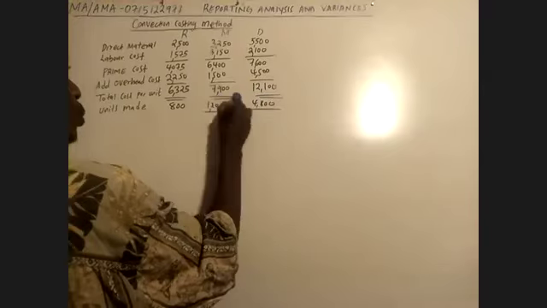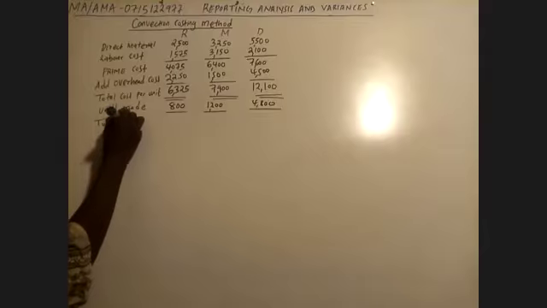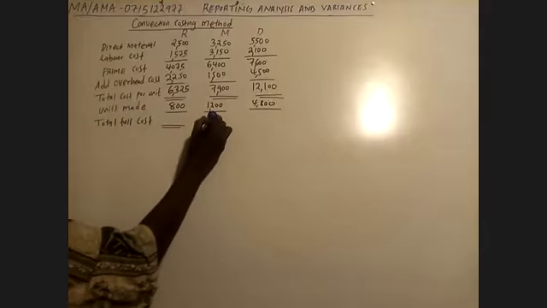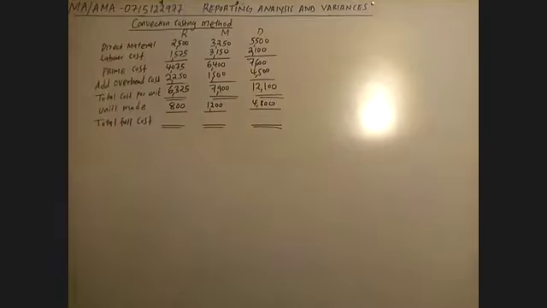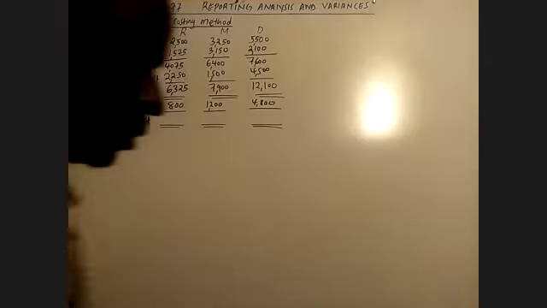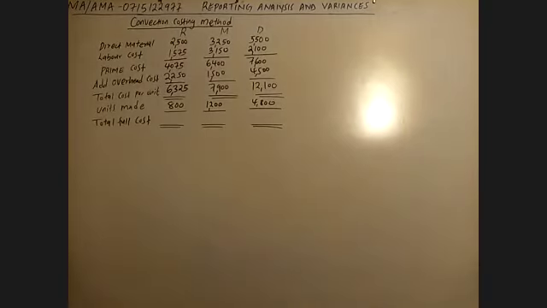So we find the total full cost. So multiply. So 6325.